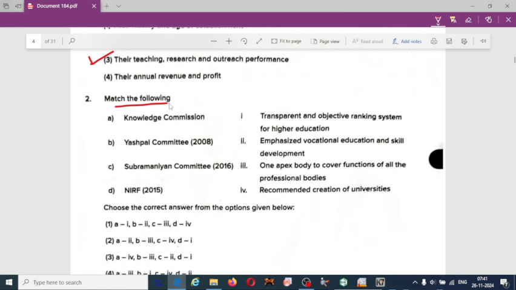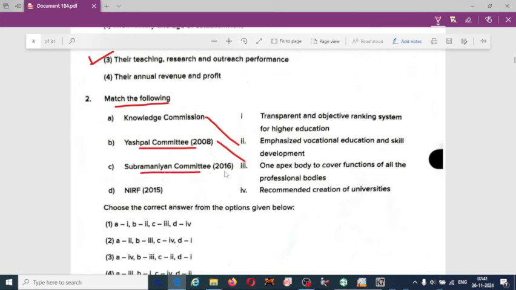Next question, match the following. Knowledge Commission is related to emphasized vocational education and skill development. Ashpal committee is related to option 3, one apex body to cover functions of all the professional bodies.